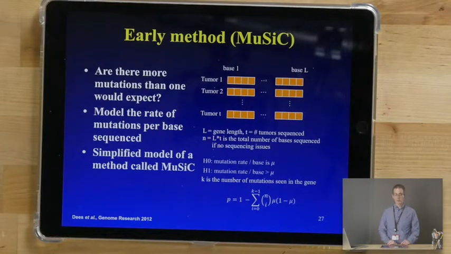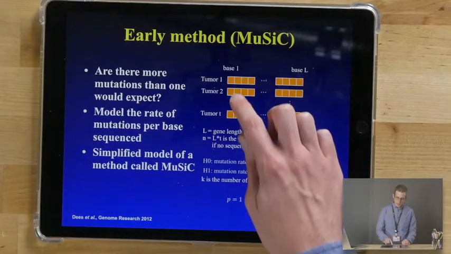What they did was model the rate of mutations that accumulate in tumors, specifically the rate of mutations that happen per base, since each base could have been mutated in a gene or not.